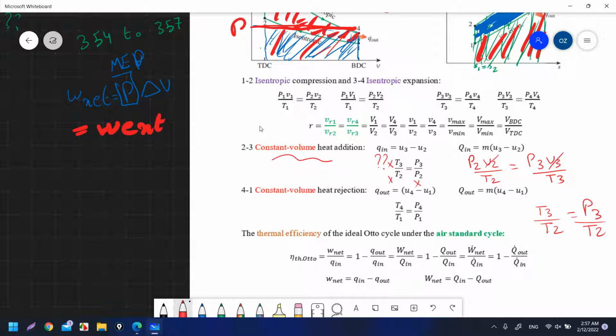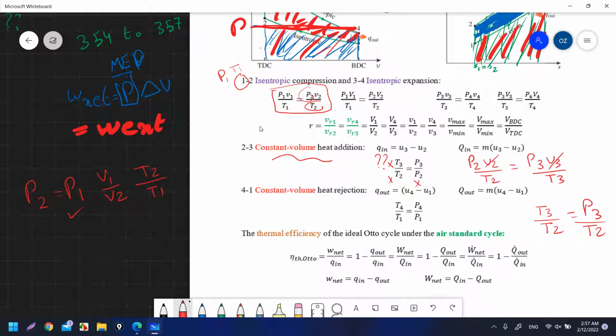So for P2, I will use also this equation. Why do I use this equation exactly? Because I already have two properties at state 1, P1 and T1. I will use P1 and T1 to find P2, but still I don't have T2. Let's write this equation in terms of P2. P2 will equal P1 times V1 over V2 times T2 over T1.